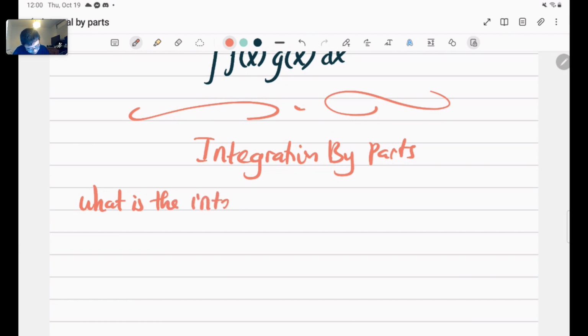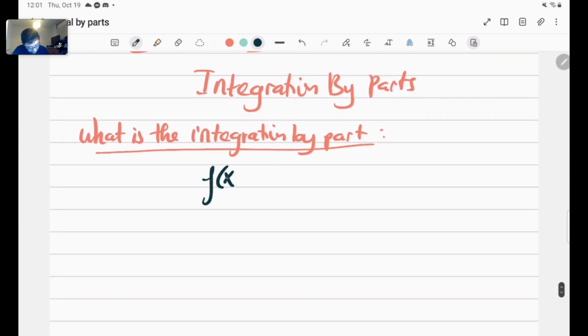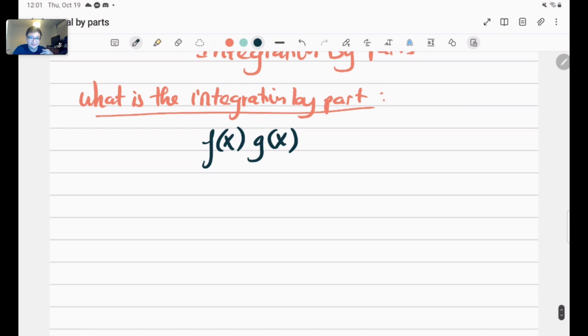Now, trust me or not, integration by parts is actually an idea derived from the chain rule in differential calculus. So let's try it. Imagine I have a function f of x times g of x, and now I want to ask you what the differentiation of this function is.